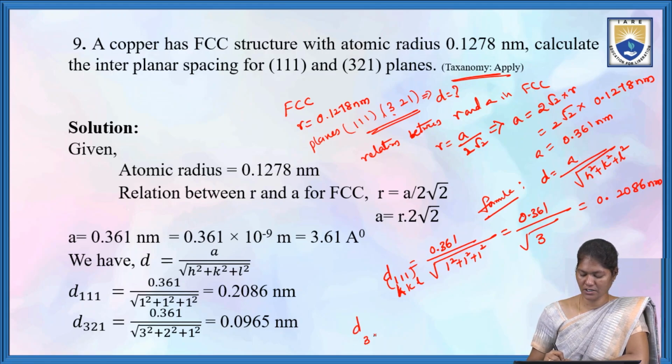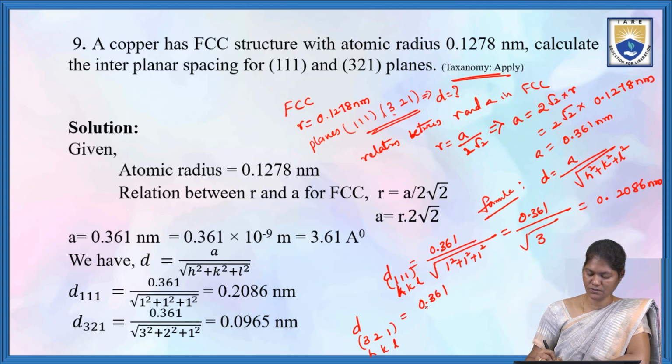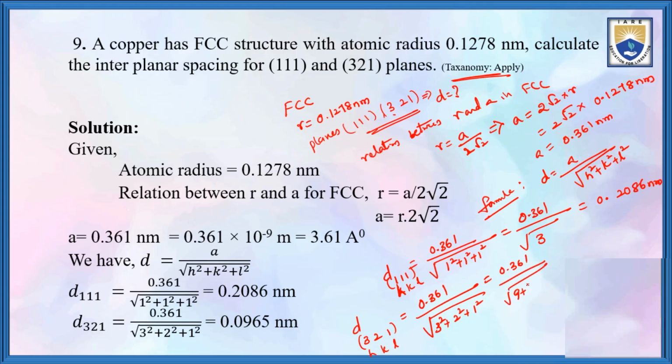Next, for the second plane, 321, it is 0.361, that is the a value, by root of 3 square plus 2 square plus 1 square, so 0.361 divided by root 14. This value is 0.0965 nanometers. So these are the interplanar spacings for the 111 and 321 planes.